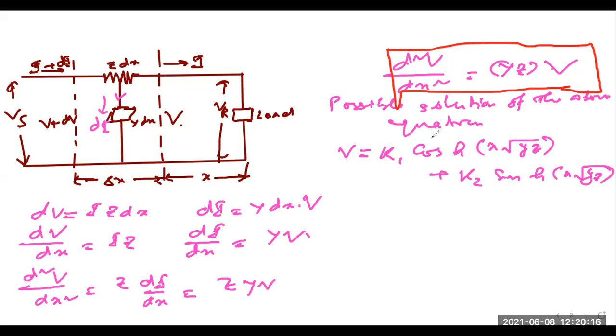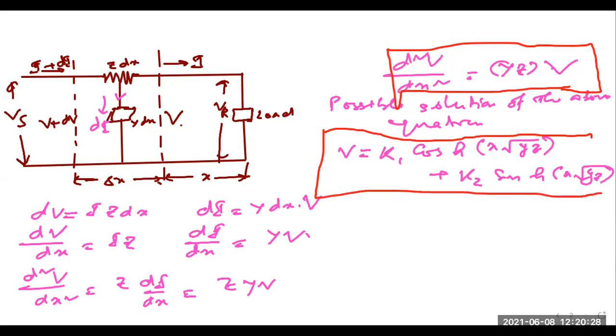This is a standard form of the differential equation; I have not written a new thing. So V equal to K1 into cos hyperbolic x into square root of YZ, because this is the constant, plus K2 into sine hyperbolic x into square root of YZ. Now it is clear? Yes, sir.